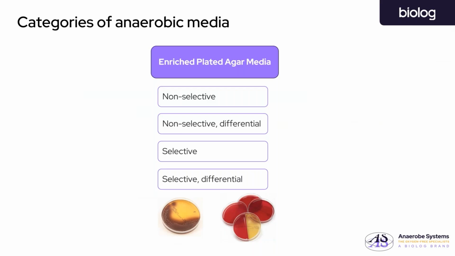So those are some examples of highly enriched media that maybe go beyond the general clinical diagnostics, that are great for microbiome biobanking or just trying to grow everything that you could possibly want to grow. On the selective and differential medias, those are really important because they're a helpful tool in trying to isolate organisms from mixed samples.